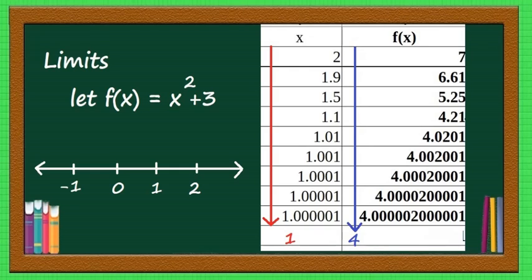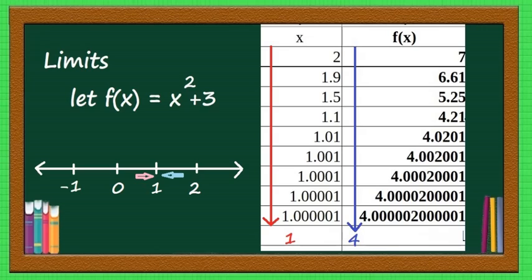Just take the real line. Here, the x values are to the right of 1. 1.9, 1.5, 1.01 are all greater than 1, and it is going towards 1 from the right side. And it is possible to approach 1 from the left side of 1 also.